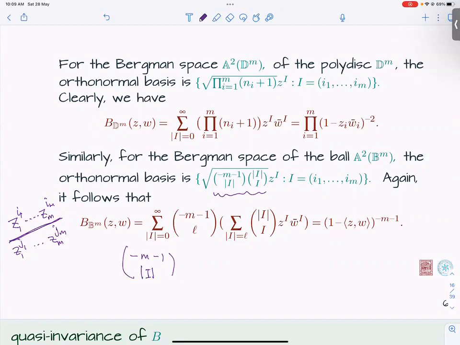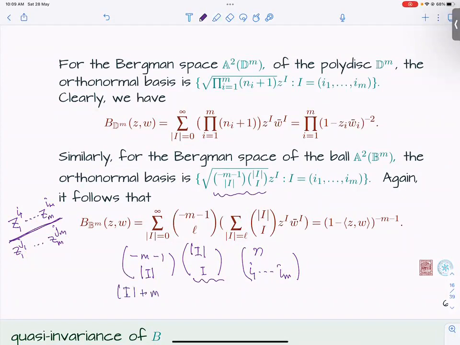This is a binomial coefficient, times the length of this multi-index, choose i. This is a multinomial coefficient, n choose i_1 through i_m. This n is mod i. So this is a multinomial coefficient. Minus m minus 1 mod i is actually mod i plus m.